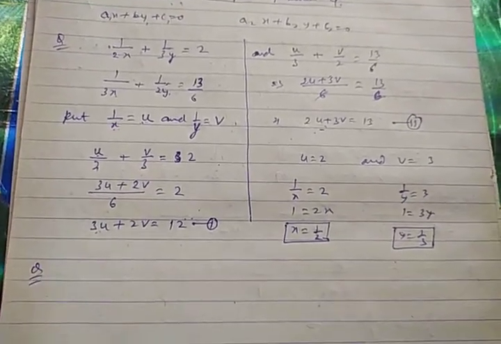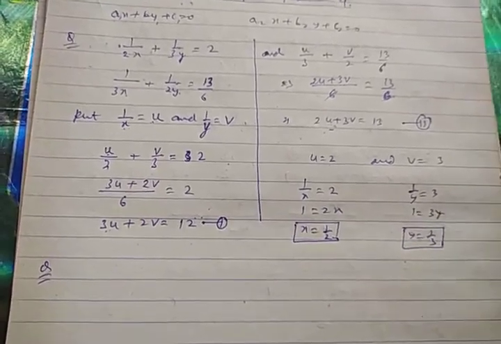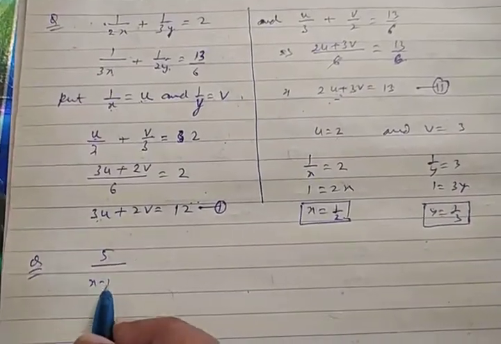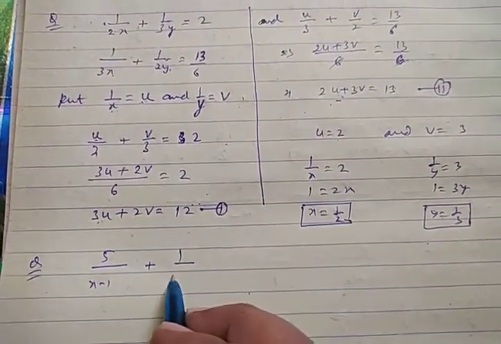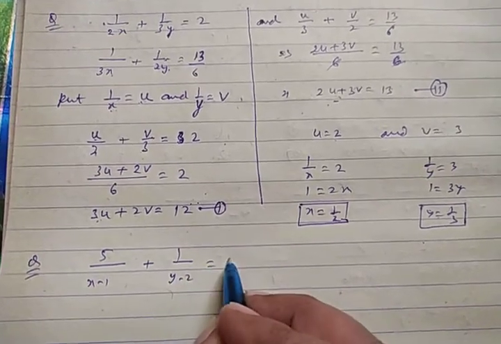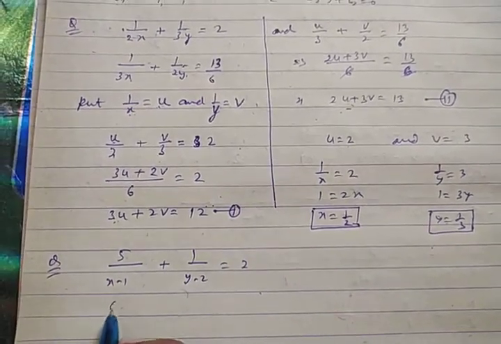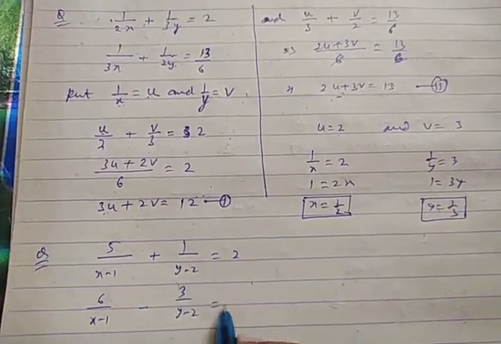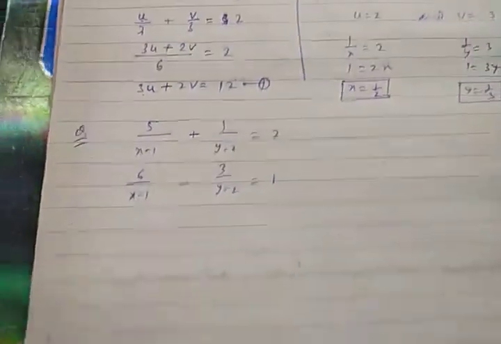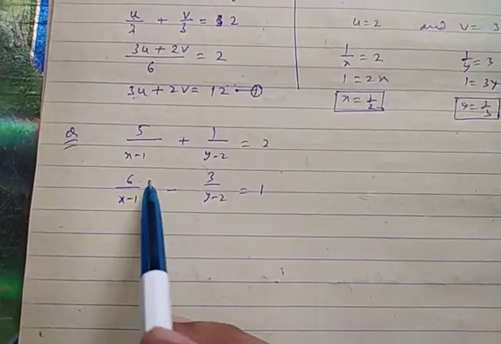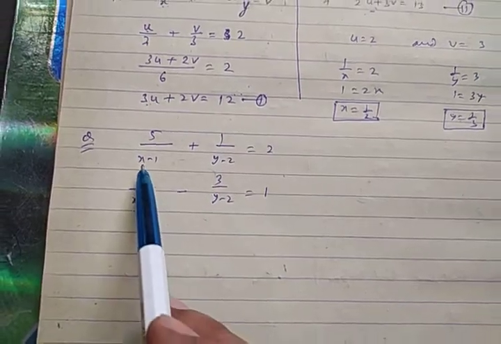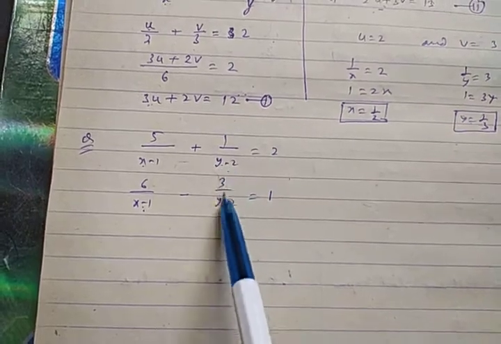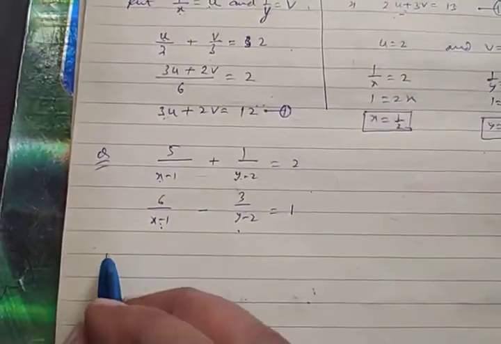Let us take one more question: 5 upon x minus 1 plus 1 upon y minus 2 is equal to 2, and 6 upon x minus 1 minus 3 upon y minus 2 is equal to 1. In both equations, x minus 1 and y minus 2 are in the denominator.